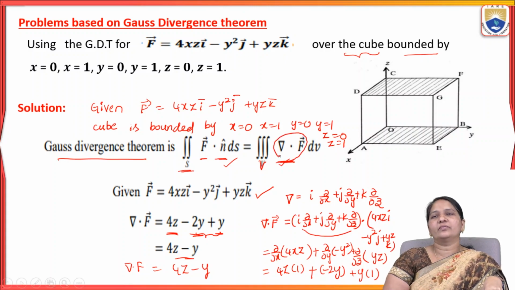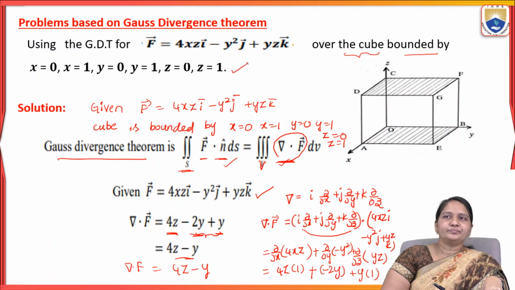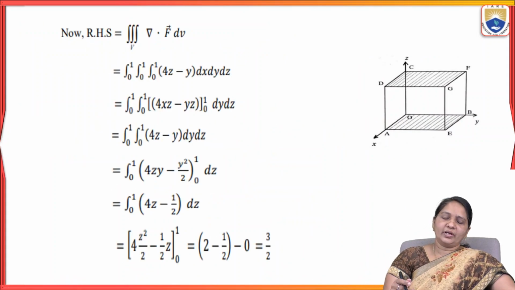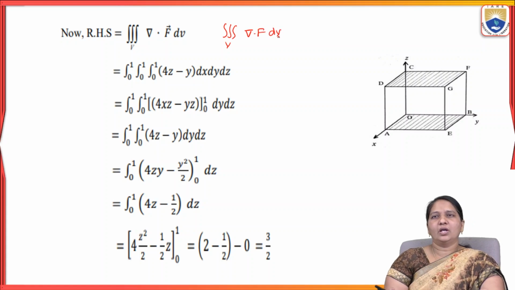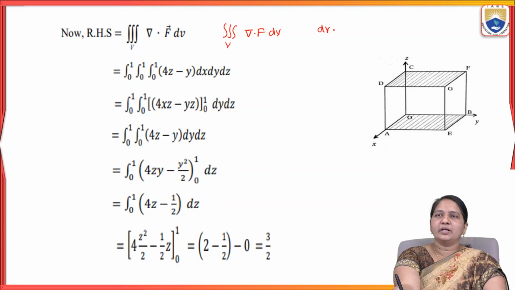Now we can integrate the function. We are calculating this RHS part. We only need one part, LHS or RHS, because they are asking to use the Gauss Divergence Theorem. So the RHS is the integral over V of del dot f dV. In the statement, dV is nothing but dx dy dz.